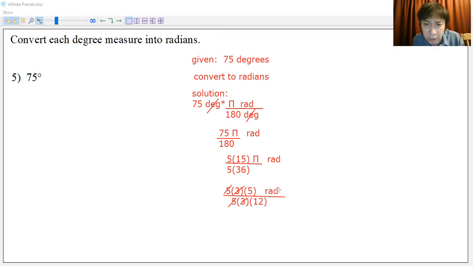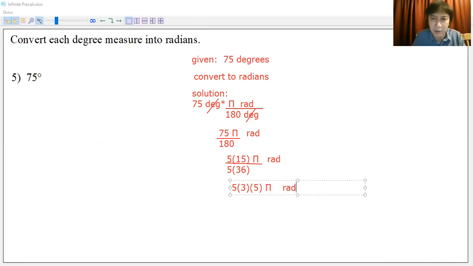Let me reconstruct this. This is supposed to be 5 and then 3 and then the 5 and the pi there.